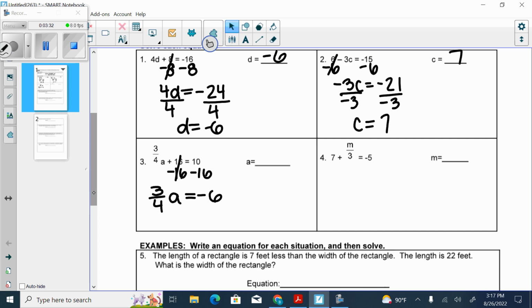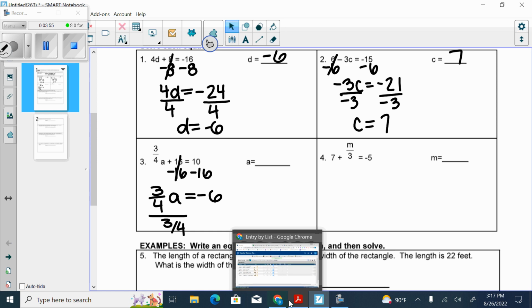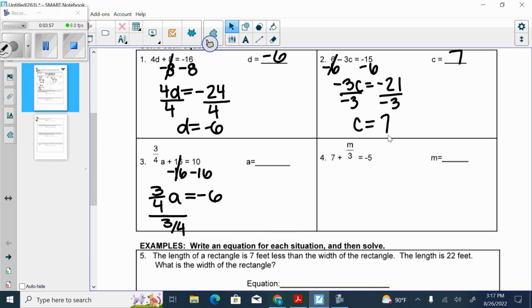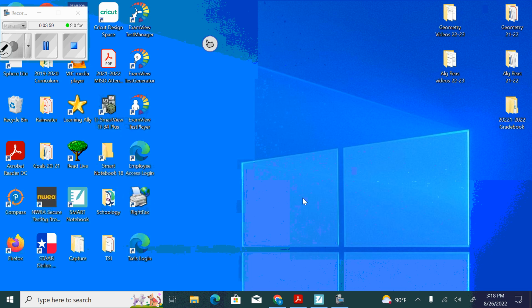So what would we do to get rid of the 3/4? We could divide, yes. Because 3/4 is being multiplied by the A, you could divide by 3/4, okay? Remember, if we put that in our calculator, we want to use alpha y equals.